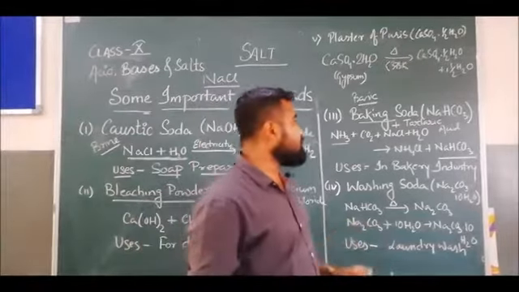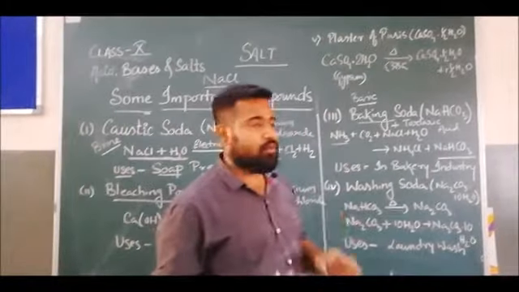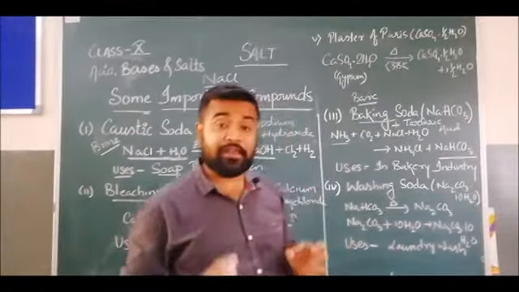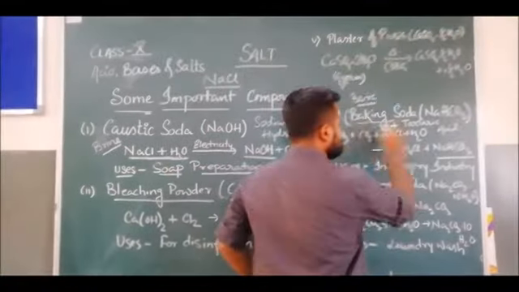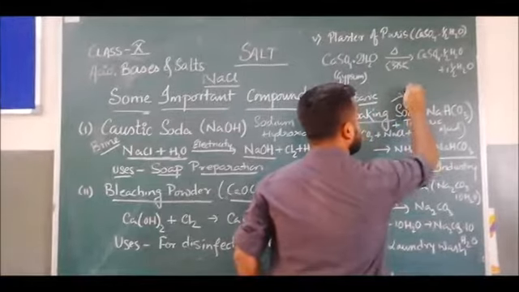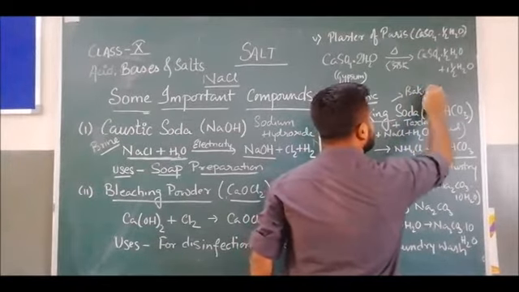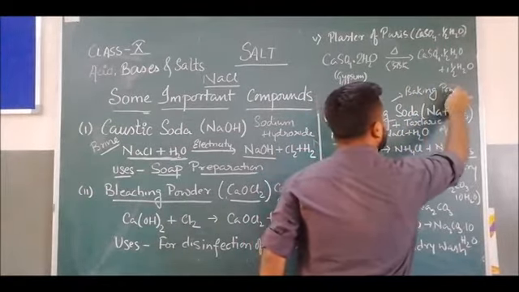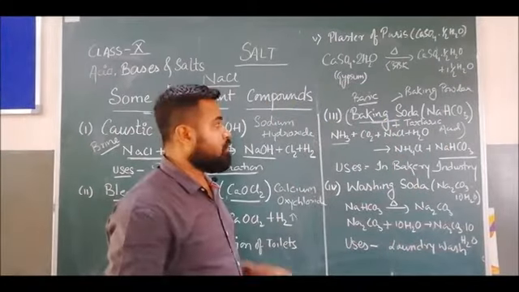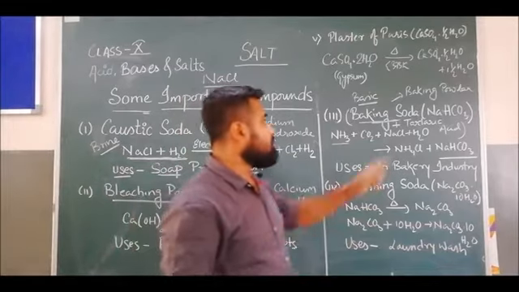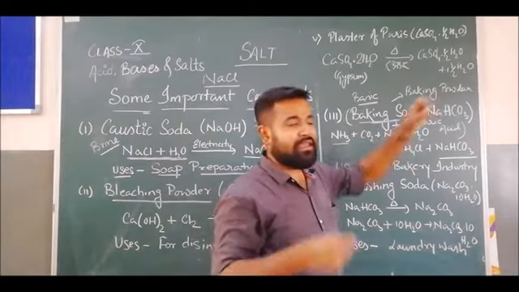So when it neutralizes the baking soda, what happens? We are not feeling bitter taste, and that is called the baking powder. These two combined are called baking powder. So this is the difference between baking soda and baking powder. Baking soda is alkaline in nature, but when we add tartaric acid, they give baking powder.